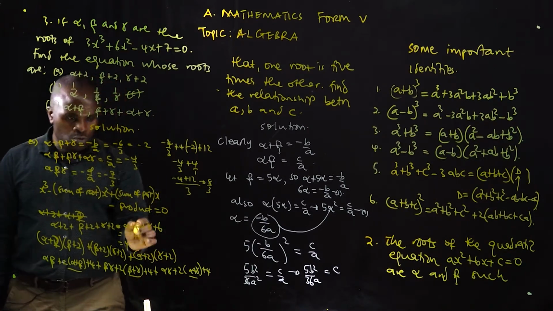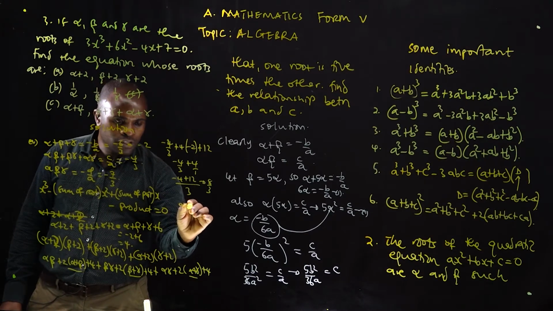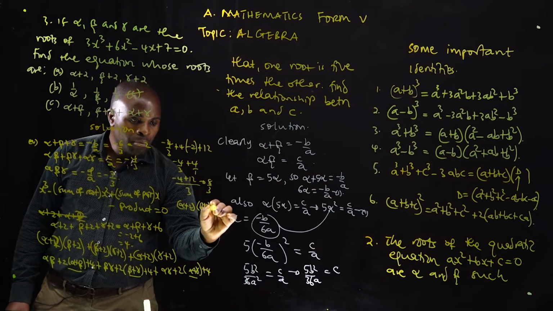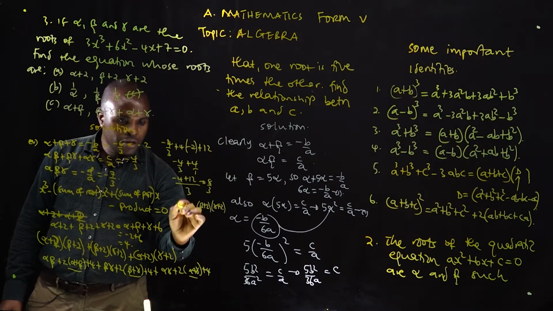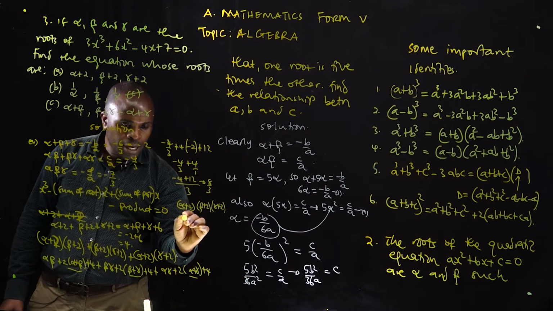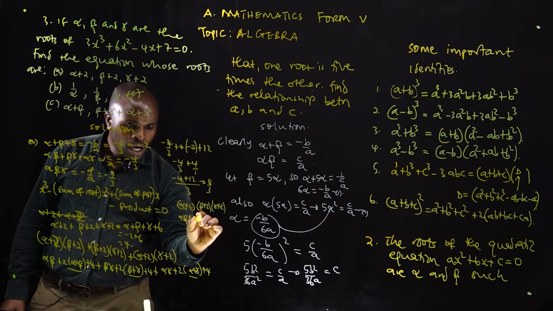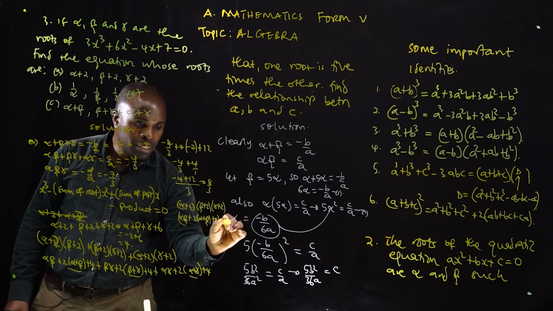Now the product: we will be multiplying alpha plus 2, beta plus 2, gamma plus 2. So expanding this carefully, alpha beta, and then we have 2 times alpha plus beta, and then plus 4. This result is also multiplied by gamma plus 2.